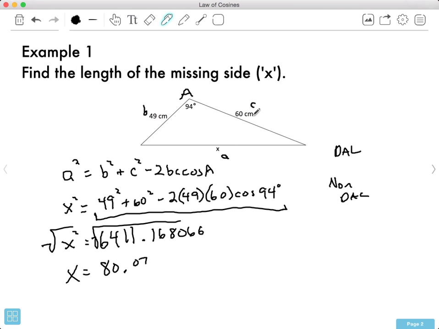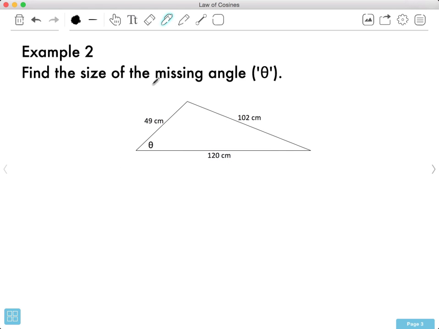And again, because it's a side, it gets the same unit as the other side, so in this case it would be centimeters. Okay. If you can't get to that answer, ask somebody for help with your calculator just to see how to type all this in.